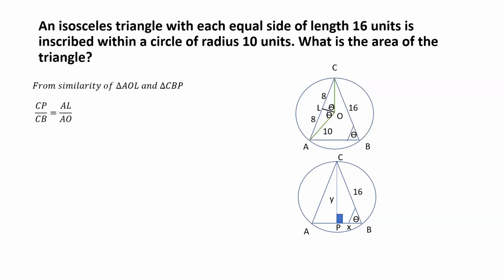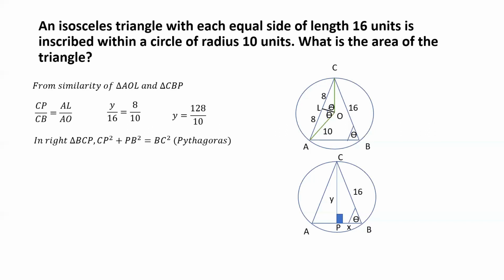So CP by CB is equal to AL by AO. CP is y, CB is 16, AL is 8, and AO, the radius of the circle, is 10. So y by 16 is equal to 8 by 10, and we get y equal to 128 by 10.